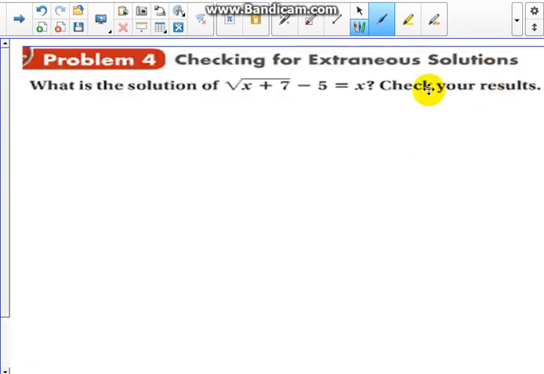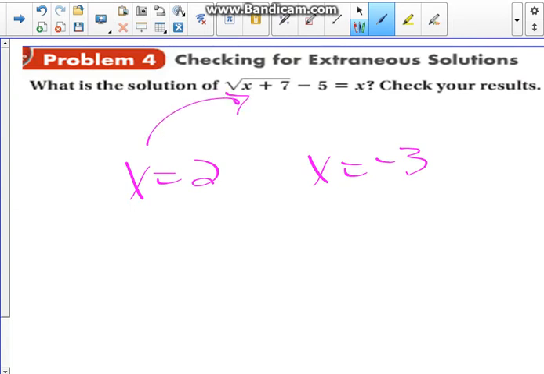Okay, our next problem is problem 4, checking for extraneous solutions. Extraneous solutions are when you solve something, you get down to an answer like x equals 2 or x equals -3. And then when you plug them both back into the original equation, let's say one comes out true and one comes out false. They could both come back false, and they could both come back true.